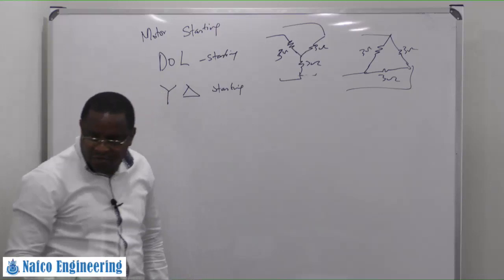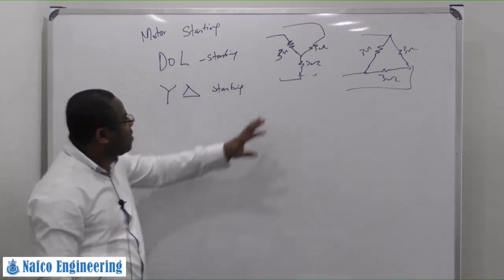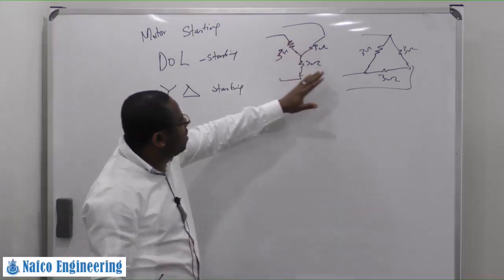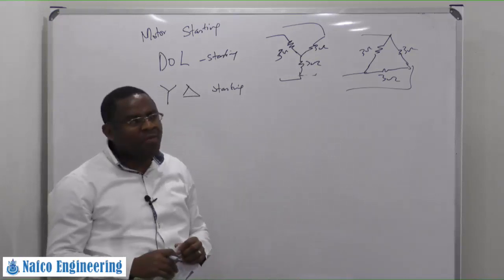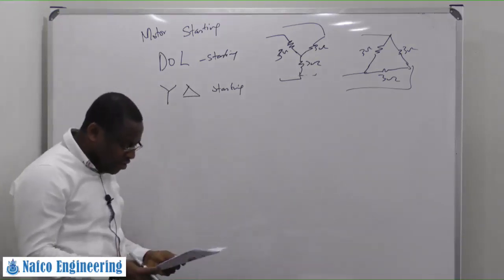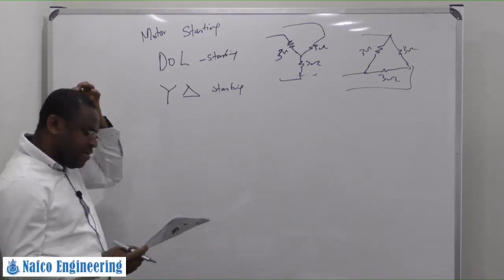The current will increase. If you have a delta connected system like that, in this format now, the current is going to increase. And we need to know the relationship between the current in delta and that in star.